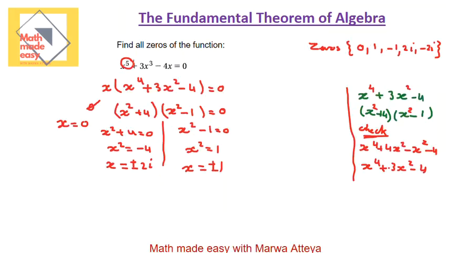I hope this has been helpful for you, and you are now able to understand better how to work with rational roots and find complex roots of any polynomial function. Look for a common factor first. Can't find any, or even if you find any, try to search for a rational root.